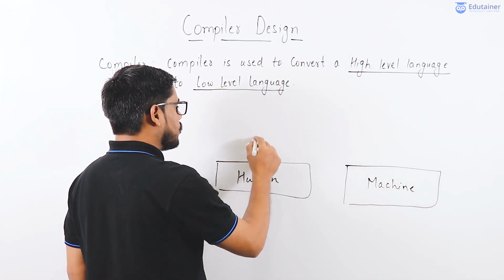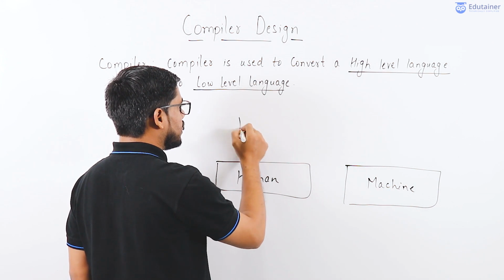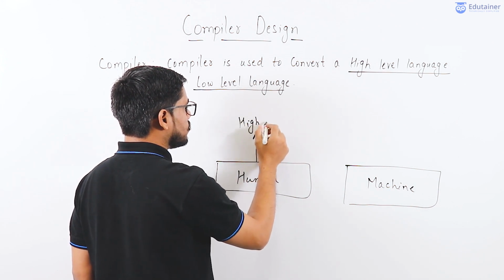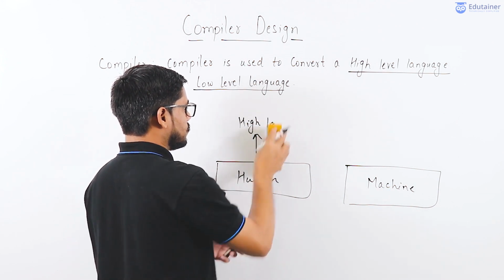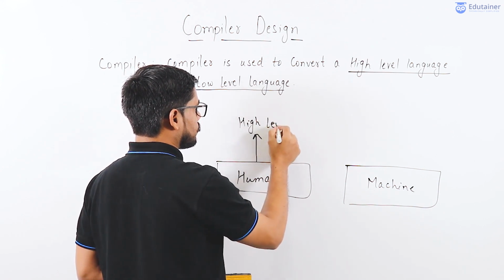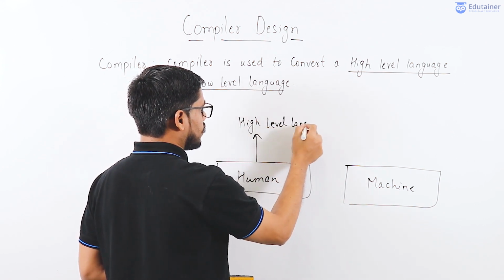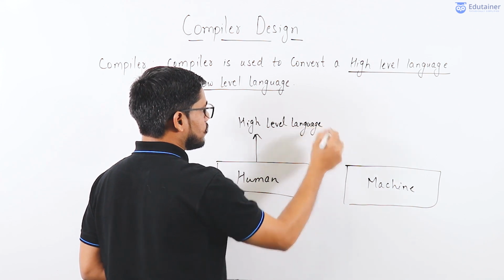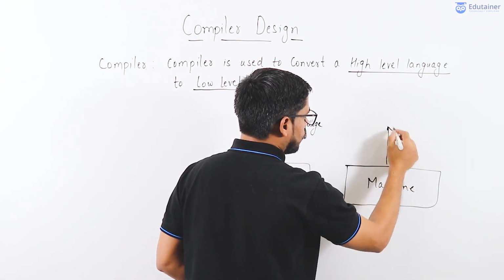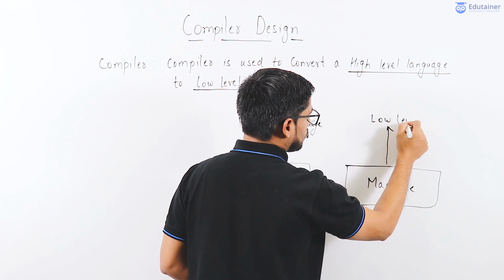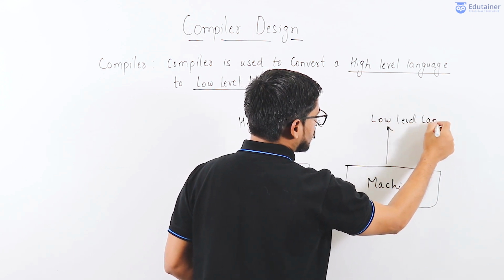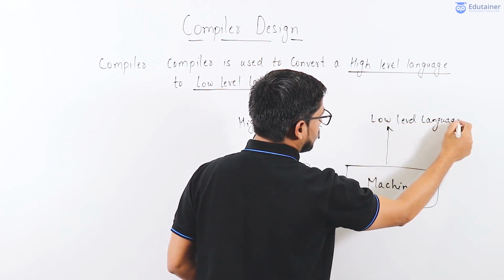So we programmers generally understand the high level language, and the machine understands the low level language. Why can the machine not understand the high level language?